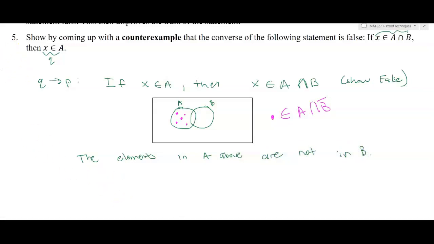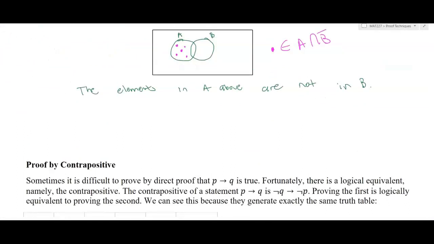Another counterexample that you might be able to give is a numerical one. So you could say something like, suppose A is equal to the set 1, 2, 3, and we'll say B is the set 3, 4, 5.